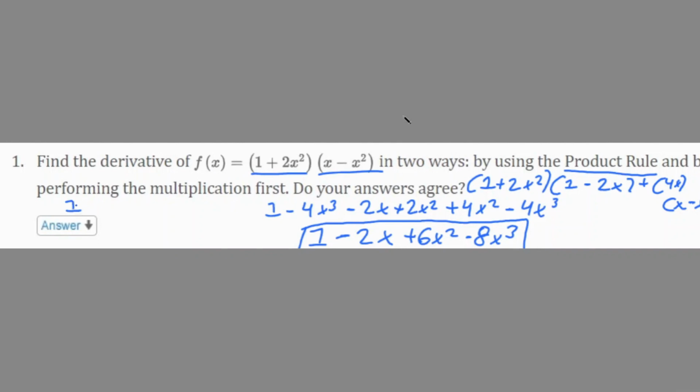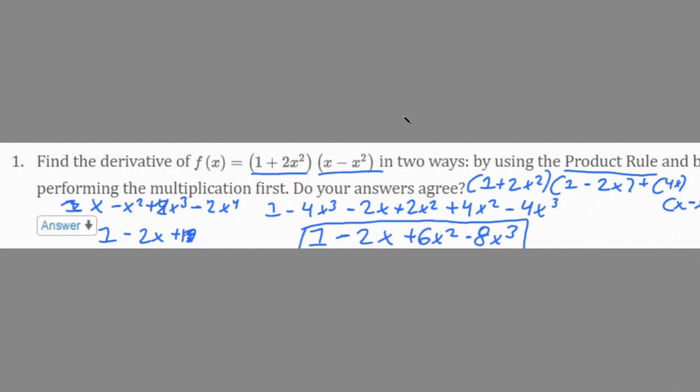So if we simplify the original function, we get x minus x squared and plus 4x cubed and minus 2x to the fourth power. So if we use the power rule and simplify that, we get 1 minus 2x plus, no, not 4x cubed.